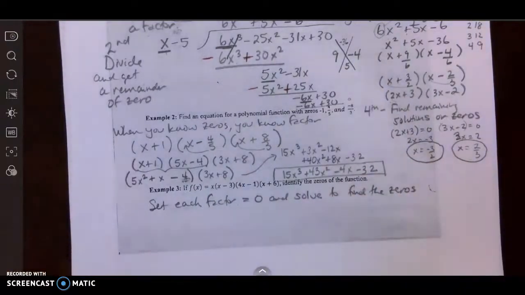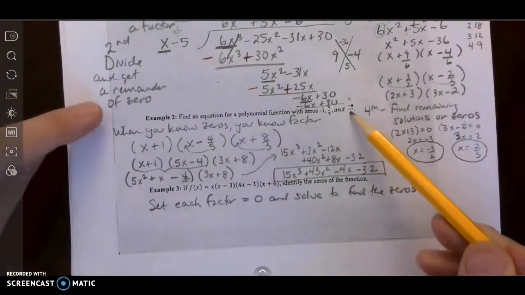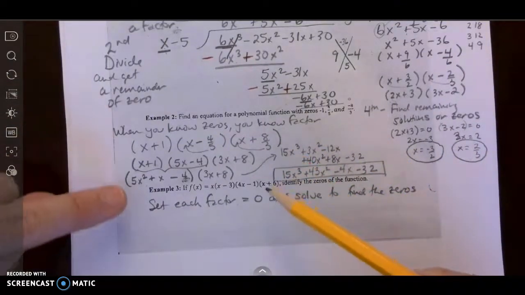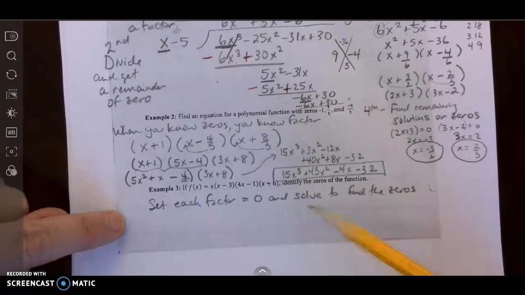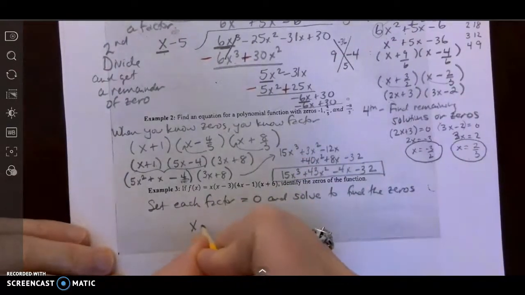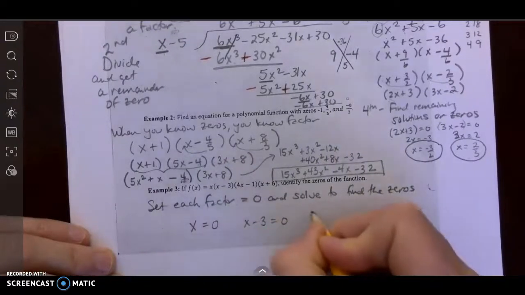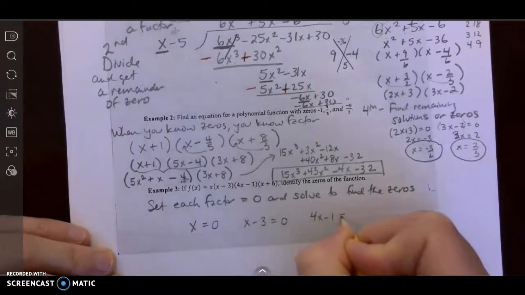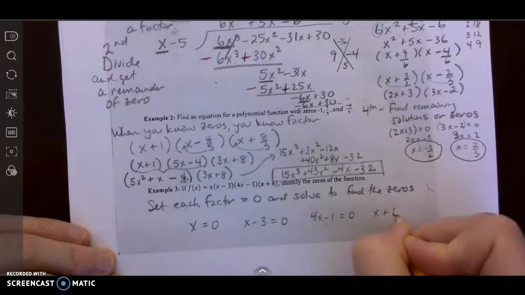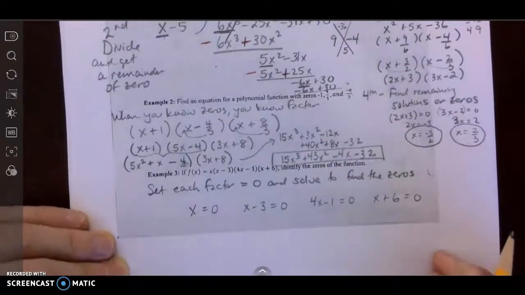So we keep going back and forth. Here I knew the zeros, so I wrote the factors. Here I know the factors, so I'm going to write the zeros. x equals 0, x minus 3 equals 0, 4x minus 1 equals 0, and x plus 6 equals 0.